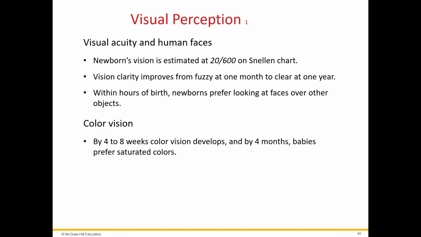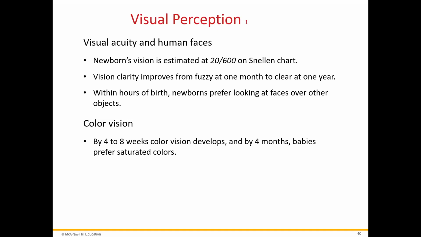Okay, let's look at the senses fairly briefly. I'll start with visual acuity. It's estimated that a newborn has 20/600 vision. So remember, 20/20 is like normal vision. So they were at 20/600.